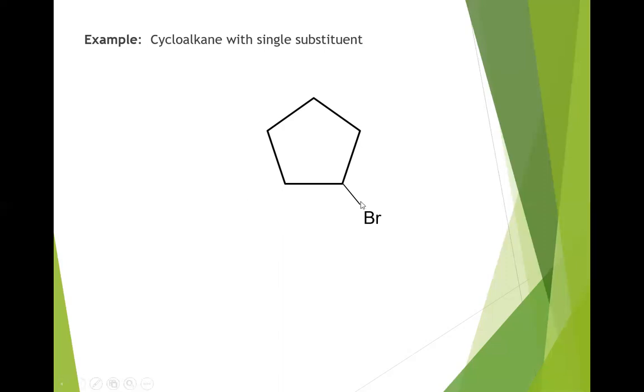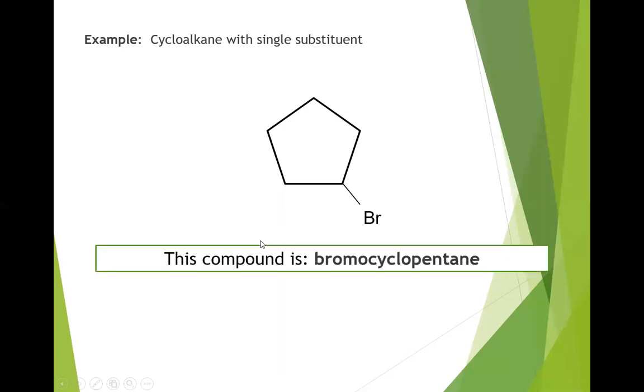And now the substituent here is Br. We already said Br represents bromo. So what could be the name? Simple. The compound is bromocyclopentane. Bromo for the substituent, cyclo representing the cyclic nature of the compound, pentane is the parent, the longest parent carbon representative.